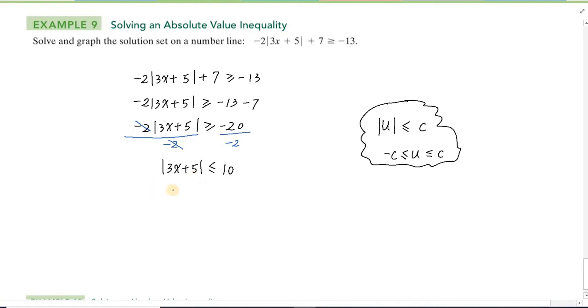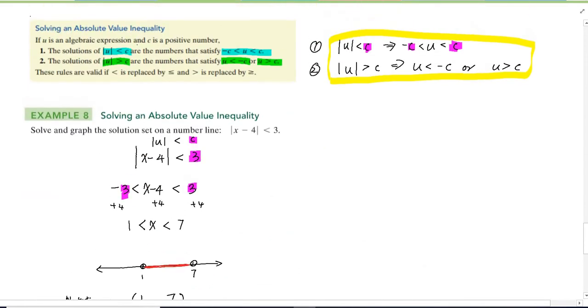So now we're going to set this as 3x plus 5 greater than or equal to negative 10 and less than or equal to 10. Okay, if you forgot, go back and look at this. These rules are valid if less than is replaced by less than or equal to and greater than is replaced by greater than or equal to.